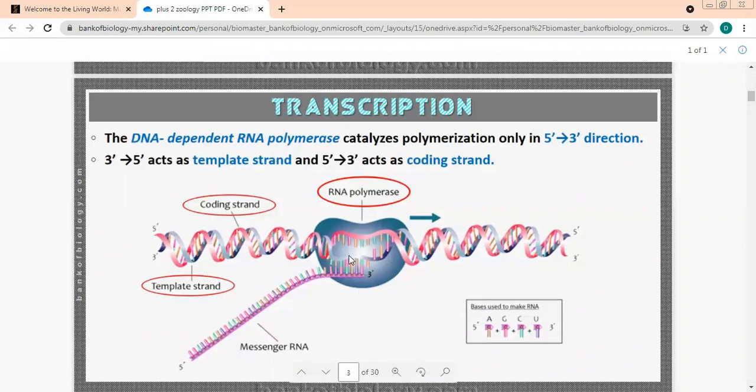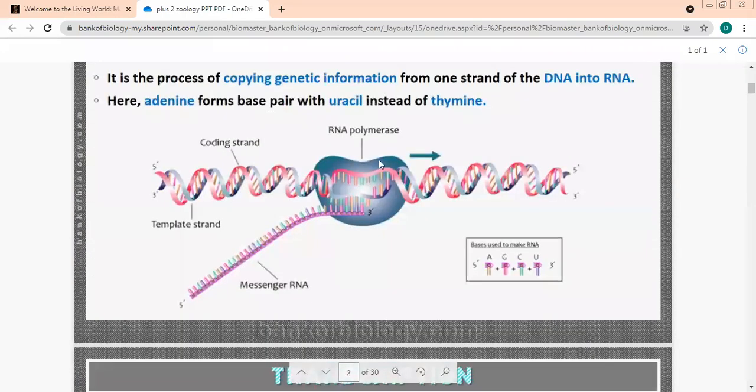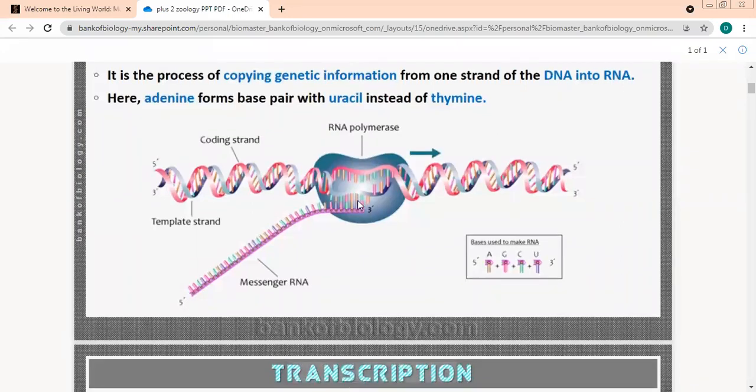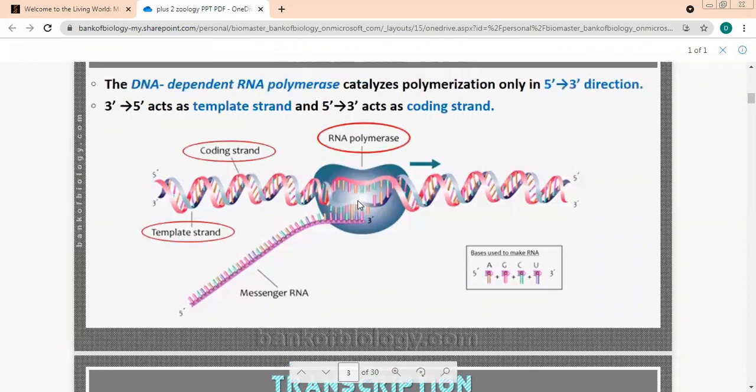This big enzyme that you can see over here, we've just written RNA polymerase, but its full name is DNA-dependent RNA polymerase because it actually depends upon DNA. Who's going to catalyze this polymerization? This enzyme, DNA-dependent RNA polymerase, will catalyze it.